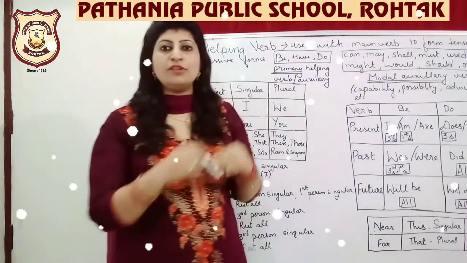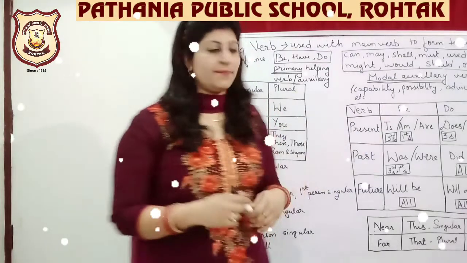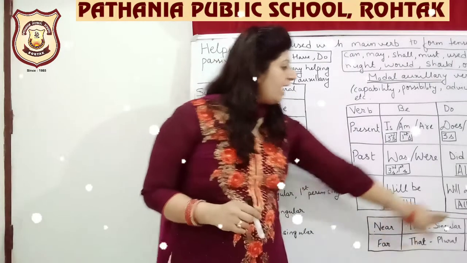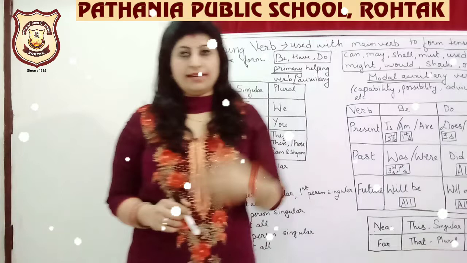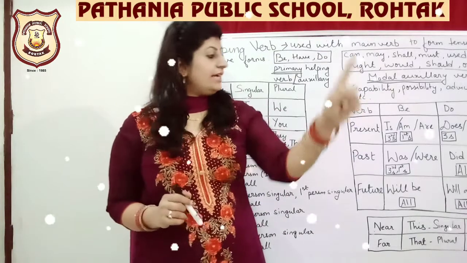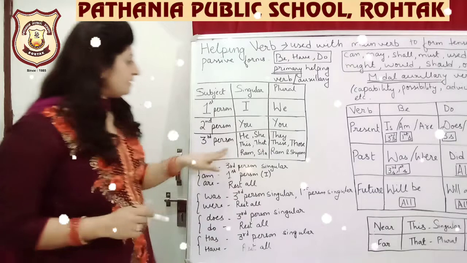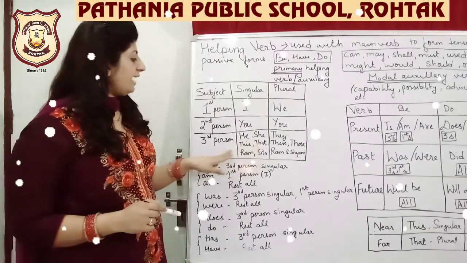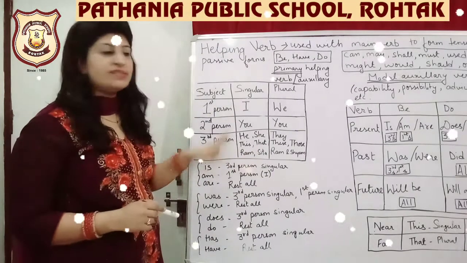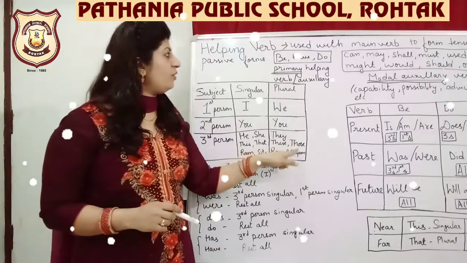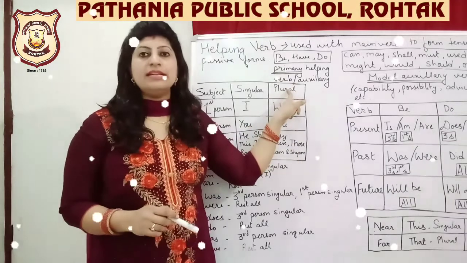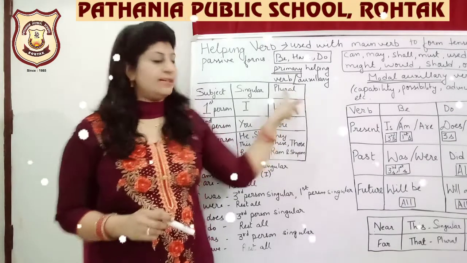So the concept is of near and far. Okay. This and these are used for near, that and those are used for far. So that can be used as your third person singular. Those can be used as your third person plural.